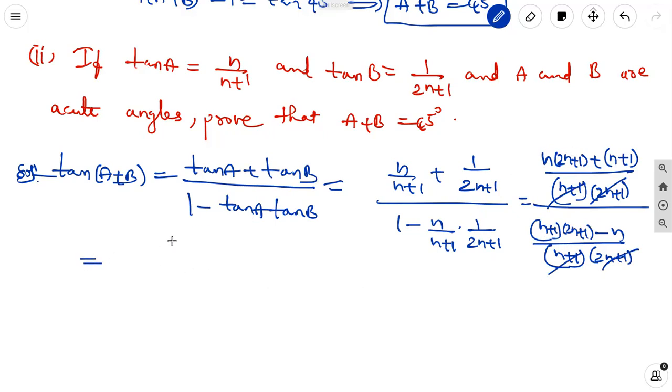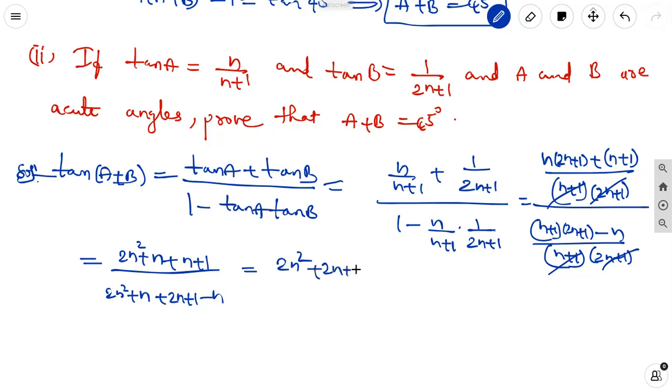It is equal to multiplying: n into 2n is 2n square, plus n into 1 is n, plus 1, by 2n square plus n plus 2n plus 1 minus n. That equals 2n square plus 2n plus 1 by 2n square plus 2n plus 1, since n minus n gets cancelled.